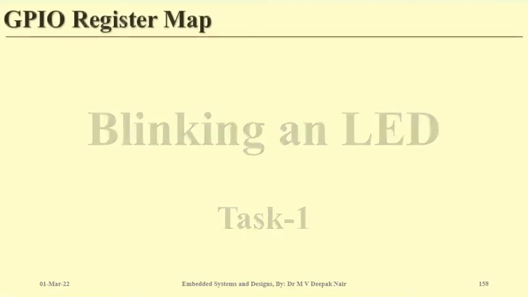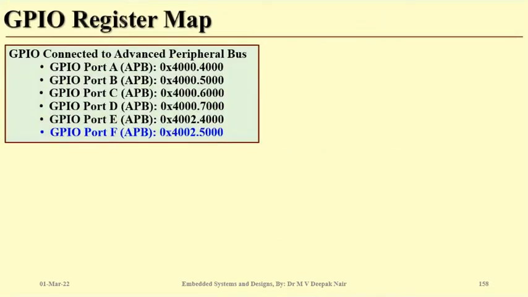So I believe you recall that first of all, to make any LED or any GPIO port on or off, or make it high or low, we first need to know the base address, and then we also need to know the offset address.